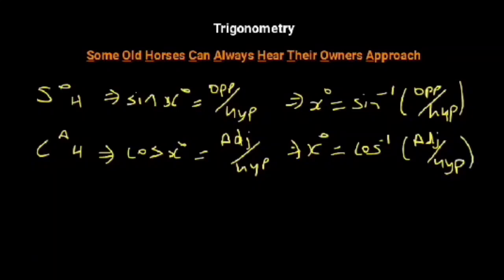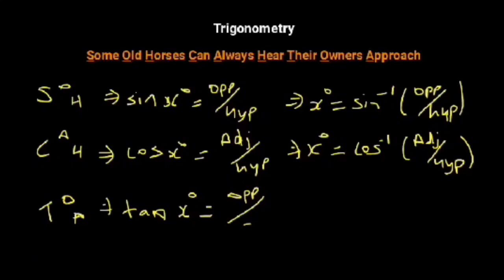Then finally, TOA, which is tan. Writing it as our formula, we have tan x degrees equal to O, which is opposite, divided by A for adjacent.